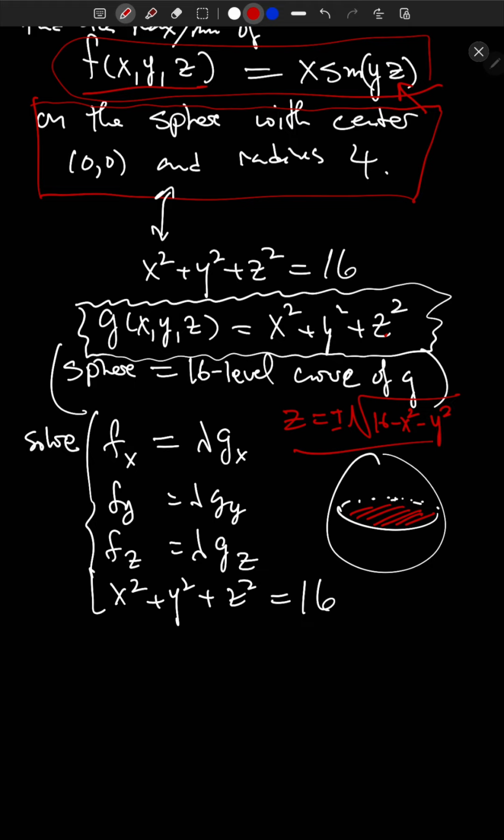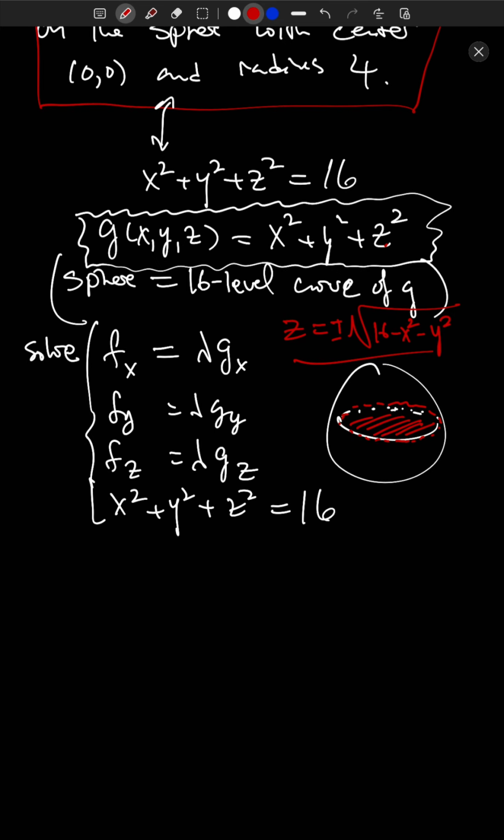You have to solve two problems, converting to two-variable problems from 15.7, and for each of those there's a boundary, the circle. So a lot of work. Here, we just do one Lagrange multiplier problem. The sphere itself has no boundary, so we don't have to worry about any boundary points.